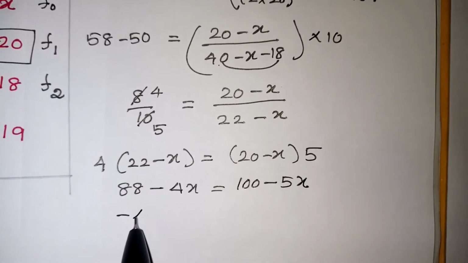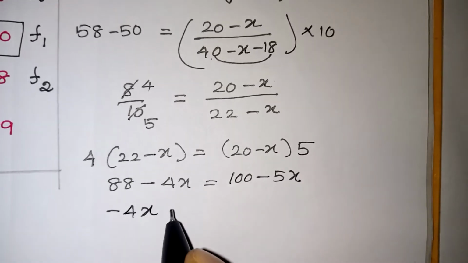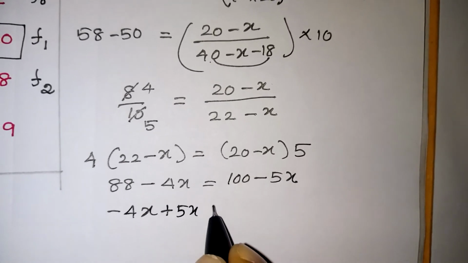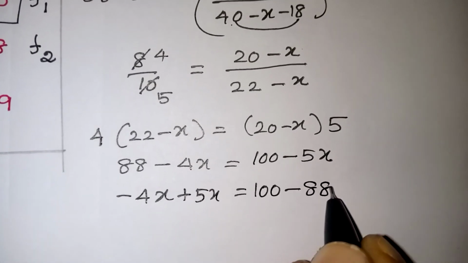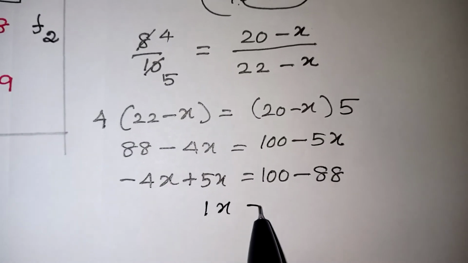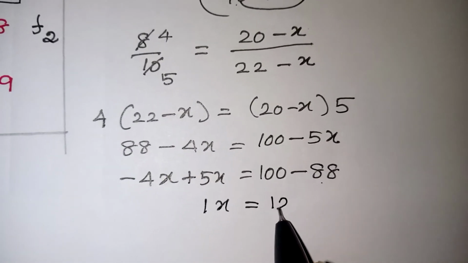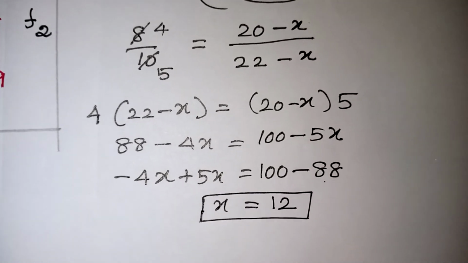So let's have the x this side. So minus 4x we are having. This minus 5x you just bring to this side, that is plus 5x equal to 100 plus 88, bring it to that side, minus 88. So minus 4 plus 5 will give you plus 1x is equal to 100 minus 88 will be 12. So we get the x value your question asks for. So x is equal to 12 is your correct answer.